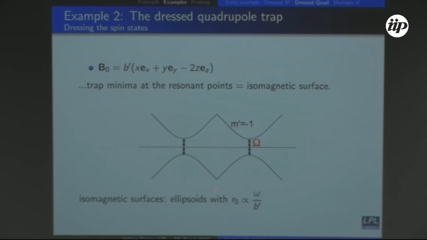As you have a static quadrupole like that, the isomagnetic surfaces will be ellipsoids, shrunk by a factor of 2 in the vertical direction with respect to the horizontal one, because the divergence of B is 0, so you have a gradient twice as large in Z with respect to X and Y. And the radius of this bubble you tune by changing either the radio frequency or the gradient of the magnetic field.